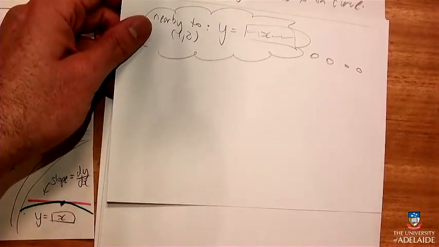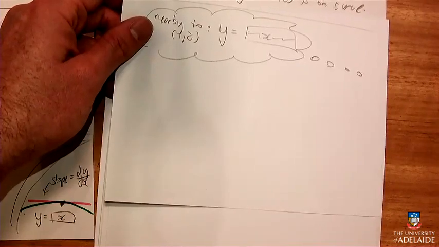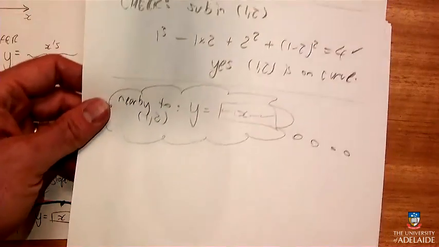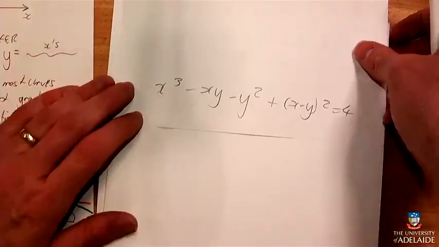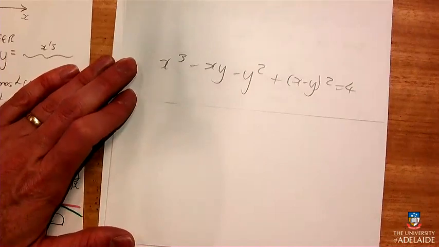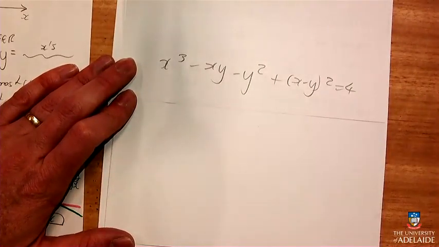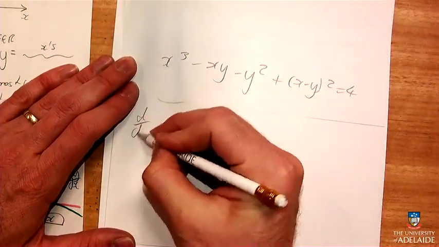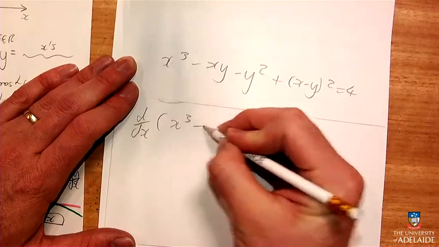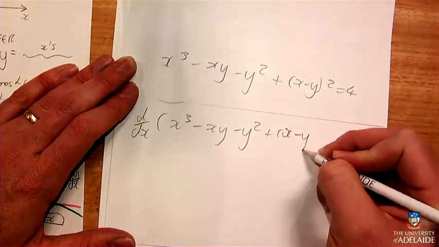You won't need it, I just need it so I can see them both at the same time, the original equation and what I'm doing. So I'm going to differentiate this, knowing that y is really a function of x. So if I want to do it properly, the official working is you start like this, most people.